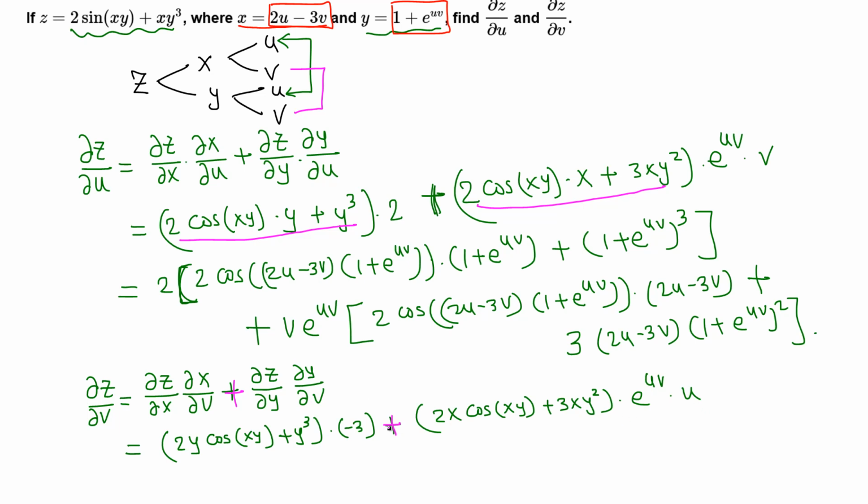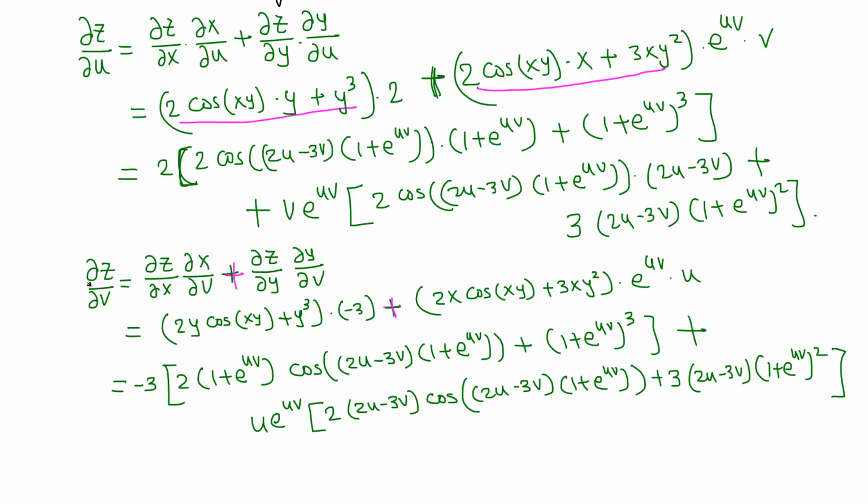Now this is it, but I'm going to write just x equals 2u minus 3v, and y equals 1 plus e raised to uv, and that's the final answer. Okay, so partial of g with respect to v, I just replace x and y by the given functions. Y is 1 plus e raised to uv, and x is just 2u minus 3v. Final.